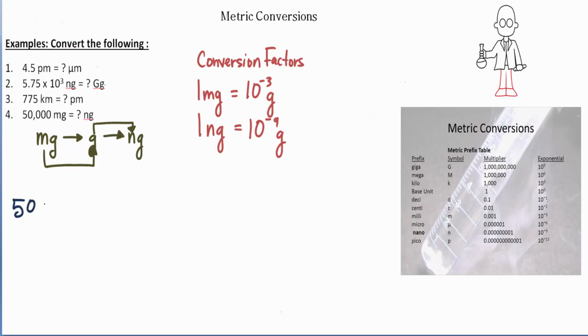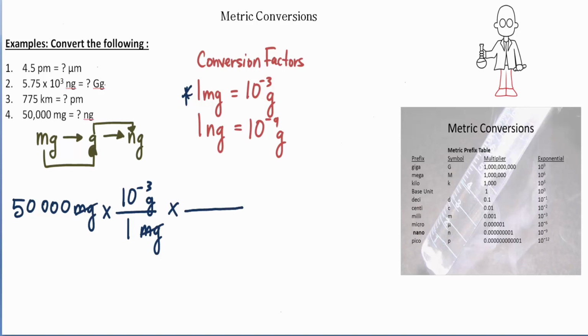So we have 50,000 micrograms. In 1 microgram, strictly from our conversion factors here, we have 10 to the minus 3 grams. So the unit of micrograms cancel. Now, I know I want to achieve the unit of nanogram, and I want to eliminate the unit of gram.